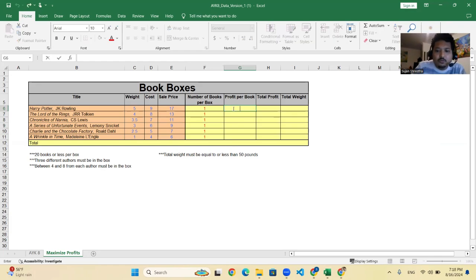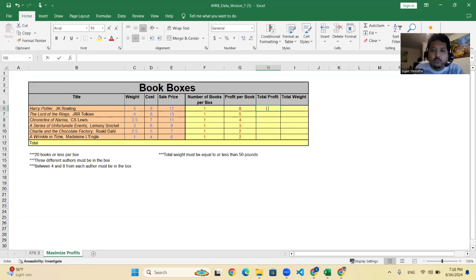The profit we can calculate with a formula: if you buy Harry Potter, it is the sale price minus the cost price, enter. Then we can drag and drop. So this will be the profit per book.